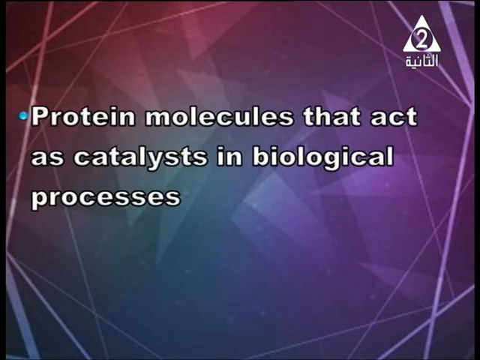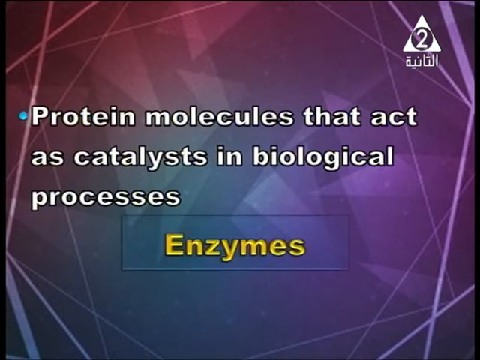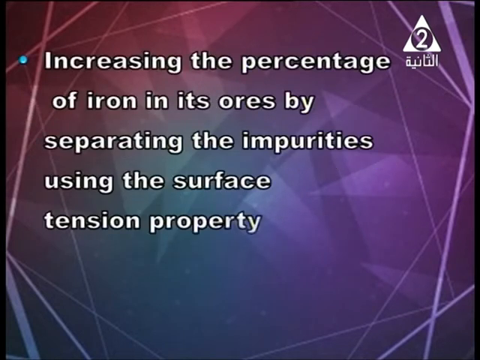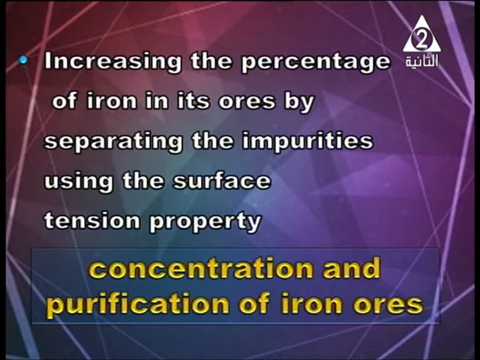Protein molecules that act as catalysts in biological processes. These protein molecules are called enzymes. Increasing the percent of iron in its ore by separating the impurities using the surface tension property. This is what we call concentration and purification of iron ores.